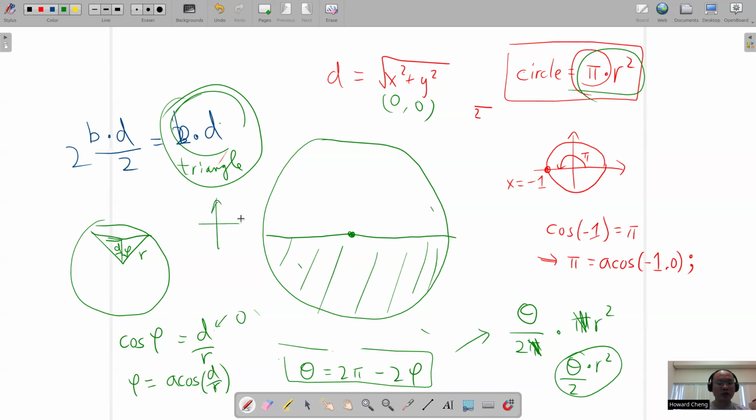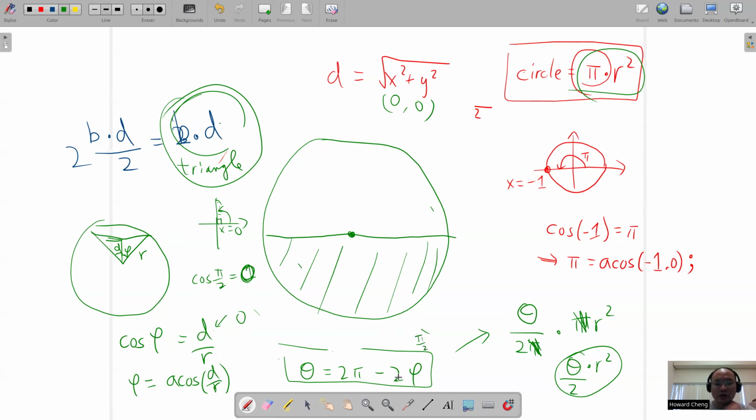And if you use the unit circle, cosine of pi over 2, because that's 90 degrees, is 0. So arc cos of 0 is pi over 2.